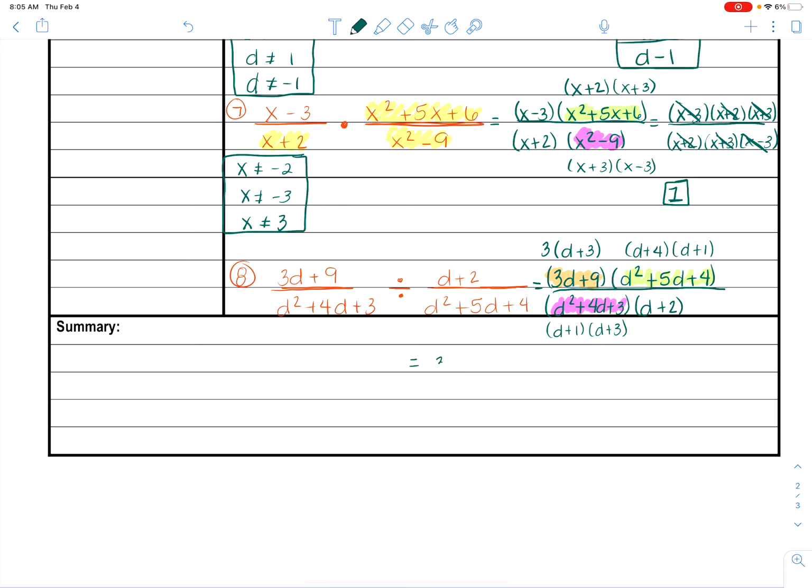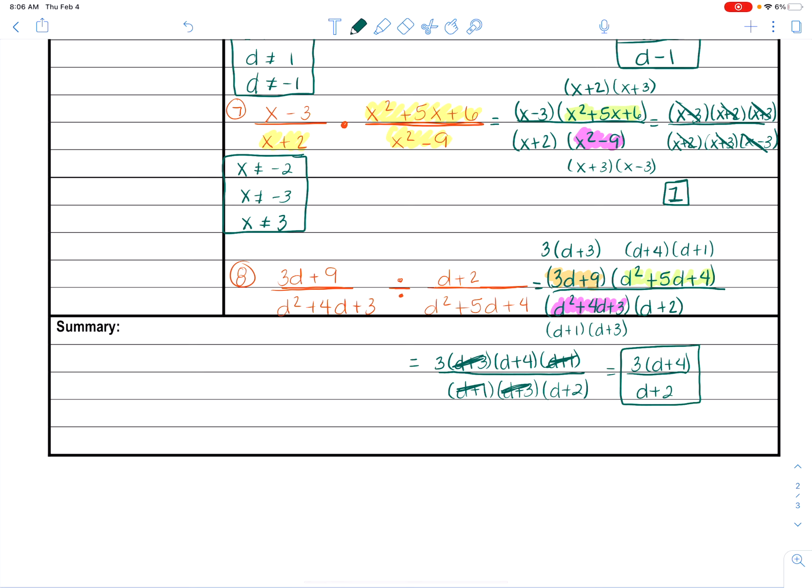So I've got a 3, d plus 3, d plus 4, d plus 1, all divided by d plus 1, d plus 3, d plus 2. All right, so d plus 1 cancels, d plus 3 cancels. So I have left 3 times d plus 4 over d plus 2.